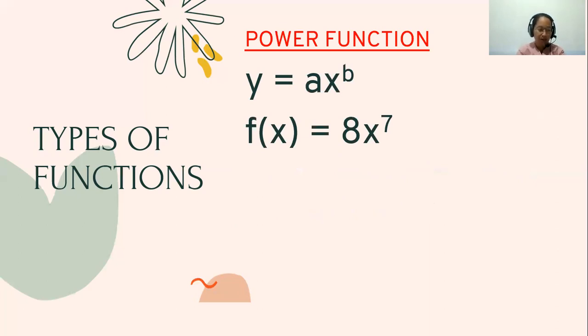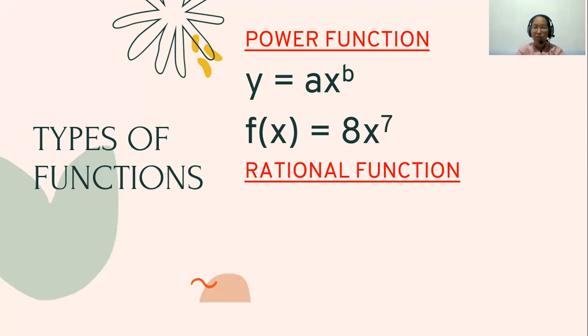Many of our parent functions, such as linear functions and quadratic functions, are in fact power functions because they involve exponents. As you have seen in the polynomial examples, for quadratic we have the term 2x squared, and that is already a power function. Our example given here is f of x is equal to 8x raised to the 7th power.